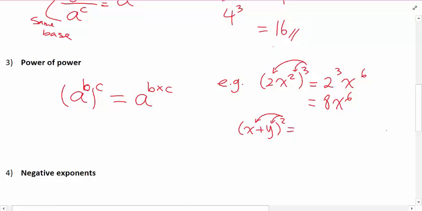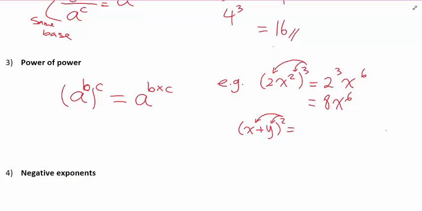In the previous case, it's a single term, and that single term is being multiplied 3 times. However, these are not a single term. So that means you have to do the brackets first, and then the exponent. You need to follow BEDMAS order.